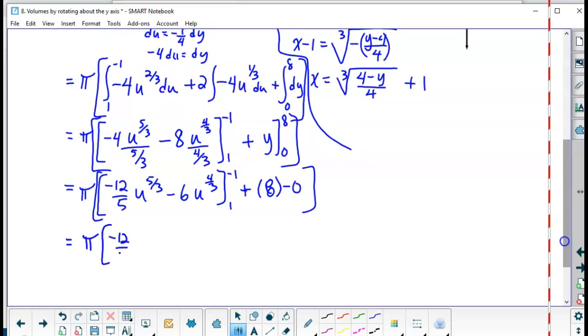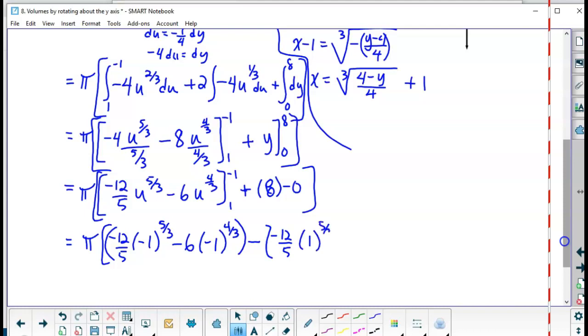Okay, so negative 12/5 times u, so negative 1 to the 5/3 minus 6, negative 1 to the 4/3, minus negative 12/5, 1 to the 5/3, obviously that's 1, minus 6, 1 to the 4/3, plus 8.